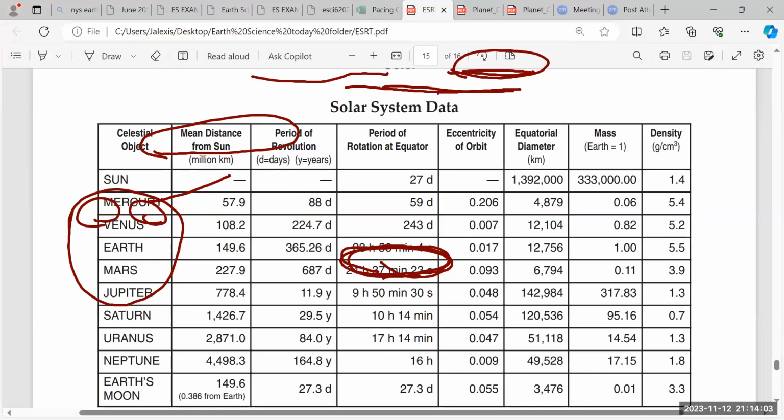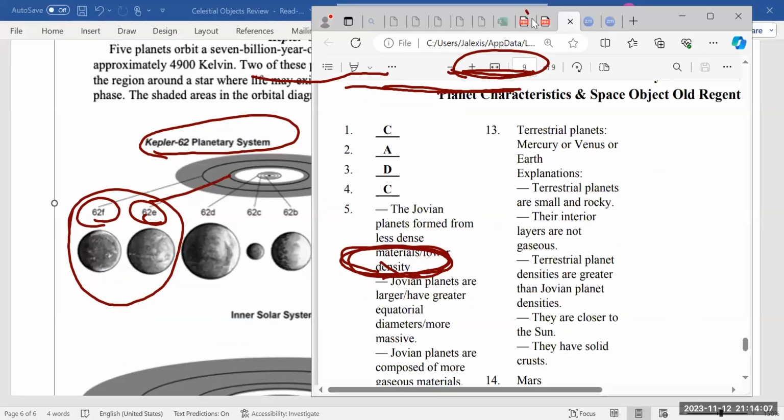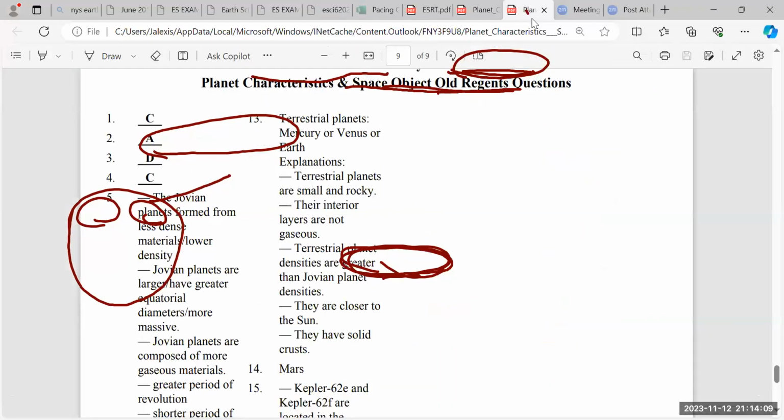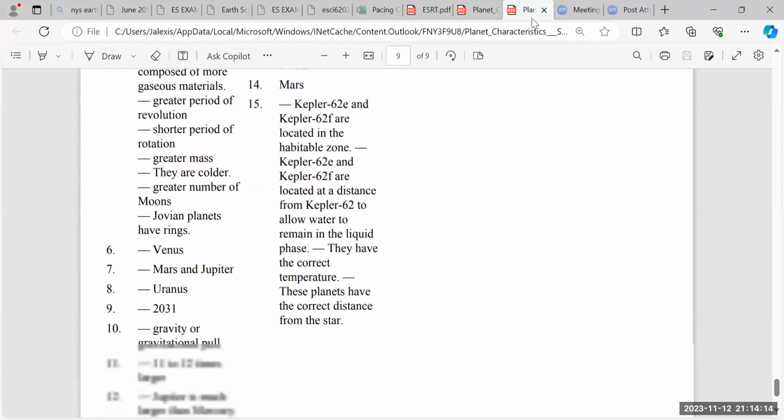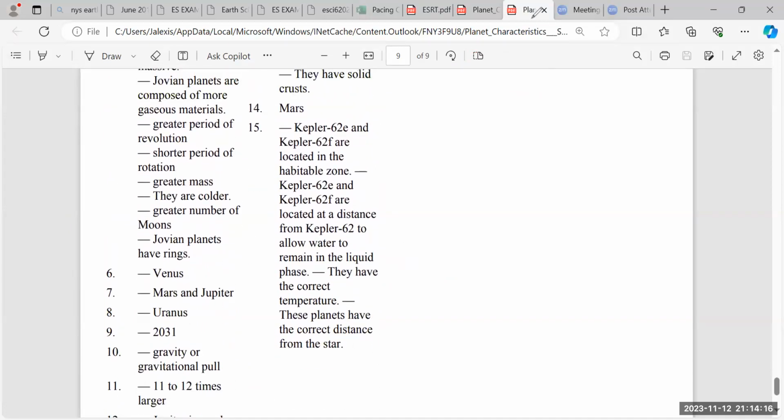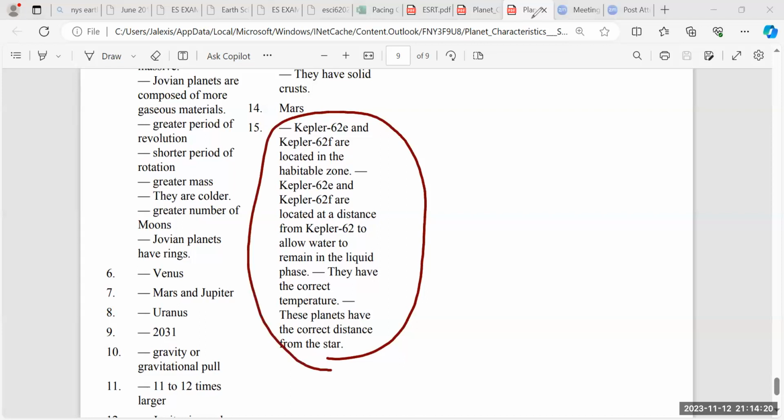I'm going to put the answers up. And of course, you can pause, rewind at any time. It's completely up to you. But I'm going to put the answers up to just show you what answers are acceptable. Right here. So for the correct answer, you definitely have to say Kepler-62E and Kepler-62F.